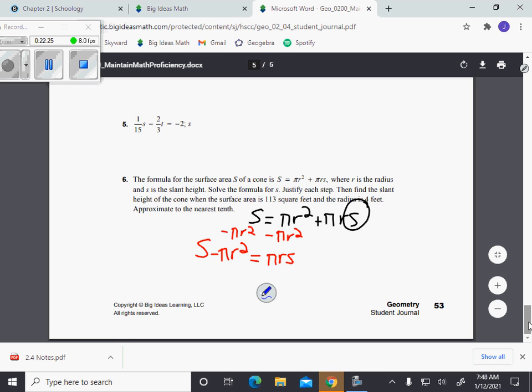So I'm going to divide by pi r, divide by pi r. It looks like pi's cancel and one r cancels. So we're going to get S minus pi r squared over pi r equals s.